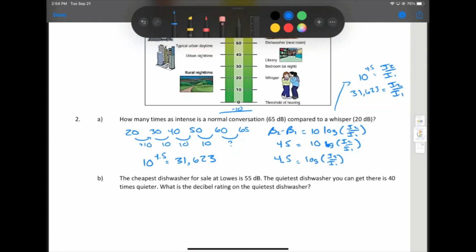I'm just saying I2 is 31,623 times louder than I1. So I've actually finished it at that step. And I'm going to put therefore, and I'm not going to write it because I'm literally out of room there, but therefore, I'll say it in words, the intensity of a normal conversation at 65 decibels is 31,623 times louder than a whisper.